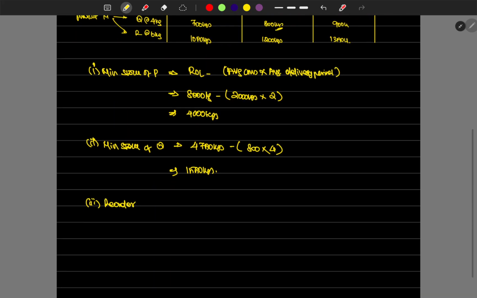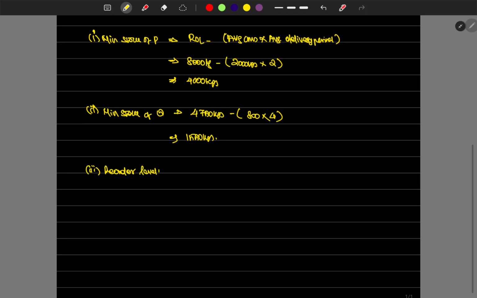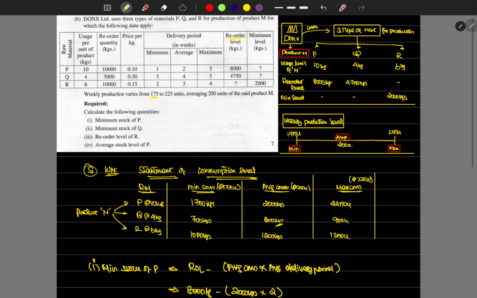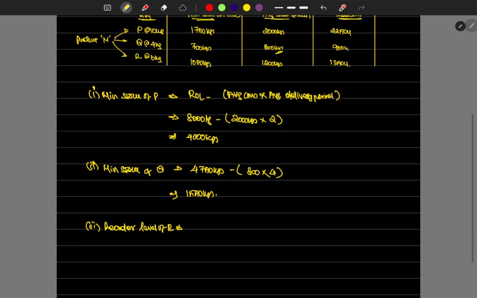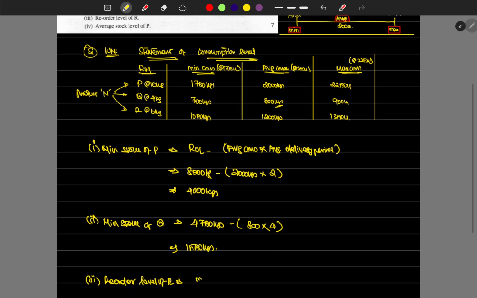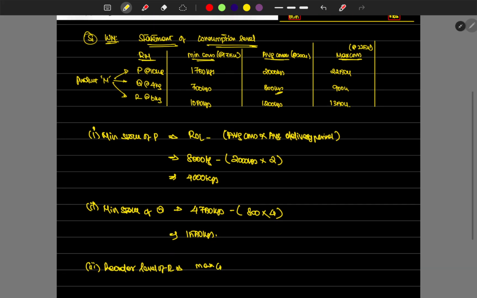Next is the reorder level of R. What's the formula for reorder level? Maximum consumption into maximum reorder period.